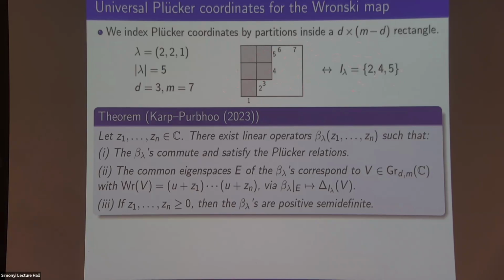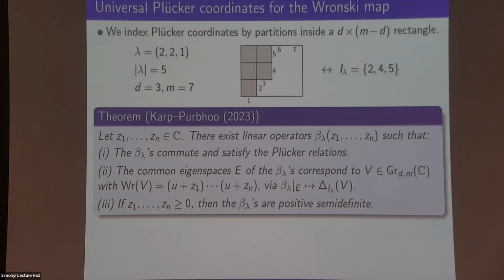Part 2 says these operators pairwise commute, so we can decompose our space into common eigenspaces. If I take a common eigenspace E of these beta lambdas, then each beta lambda acts as a scalar multiple of the identity, by its eigenvalue. If I look at the collection of eigenvalues, I get a collection of complex numbers indexed by partitions, which satisfy the Plücker relations.